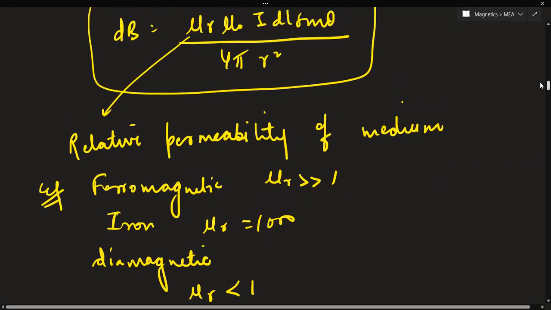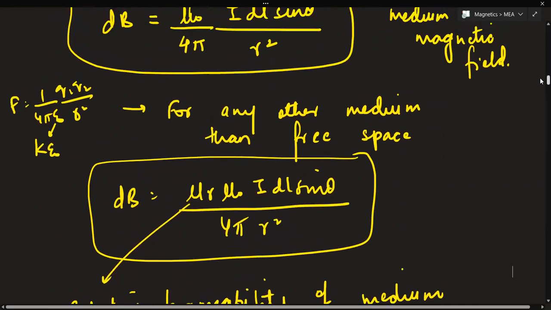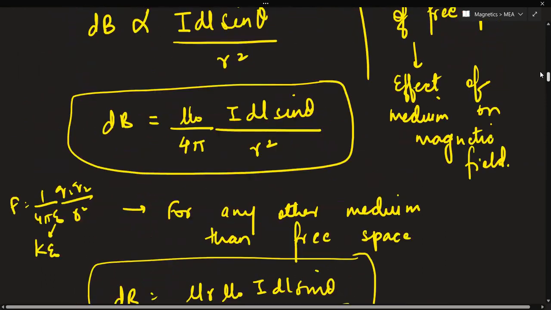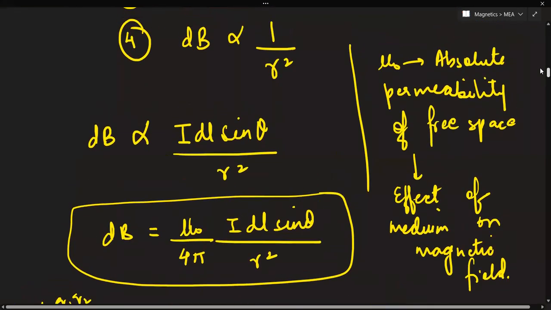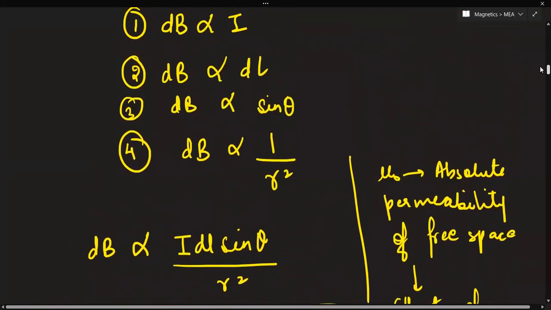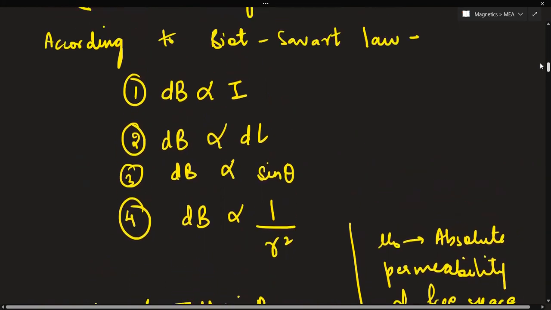So right now, what's your major concern? You have to remember that according to Biot-Savart's law, the magnitude of magnetic field is directly proportional to the current flowing through the conductor, directly proportional to the length dl of the current element, directly proportional to sine theta, and inversely proportional to r square.